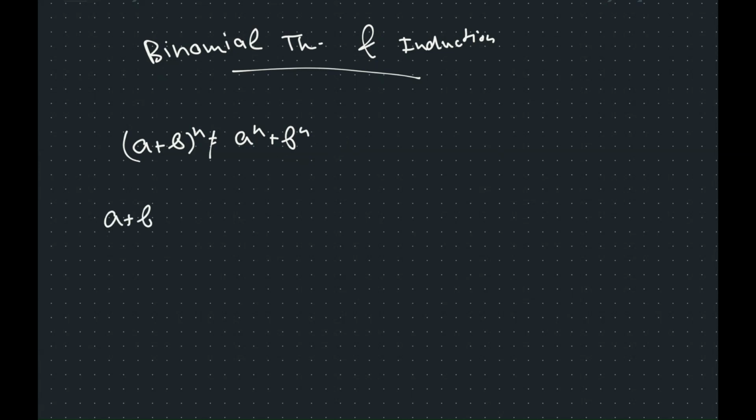So if we have again a plus b raised to the power of n, it is equal to nC0 times a to the power of n, and then plus nC1 times a to the power of n minus 1, b to the power of 1. And here, of course, we have a b, but it is raised to a power of 0.